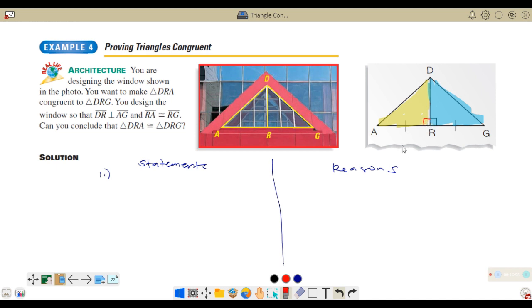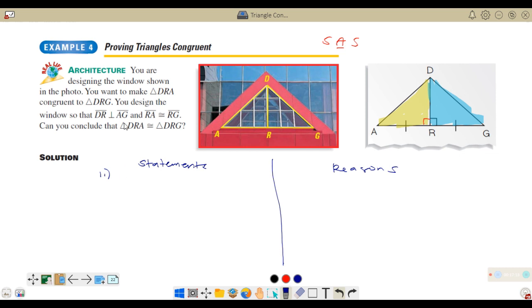They are angle ARD and angle GRD. They are both 90 degrees. That is one element. So, why did I start with that? It's already obvious that we will use SAS. Okay? Okay.